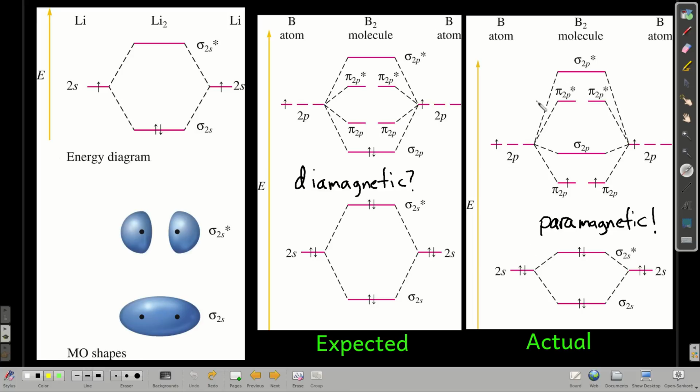And so when we take the electrons and add them into the molecular orbitals here, we still get the same bond order, 2 plus 2 is 4 minus 2 is 2 divided by 2 is 1. So a bond order of 1. But now we get this being paramagnetic. And this is the actual molecular orbital energy level diagram for this molecule right here.